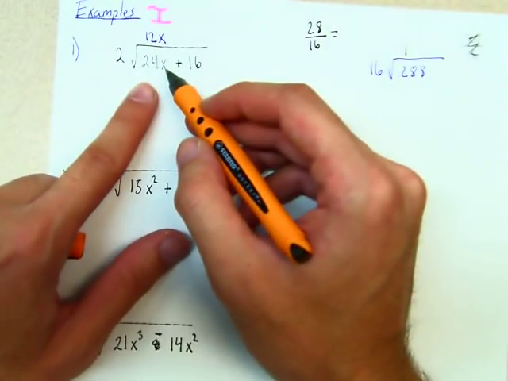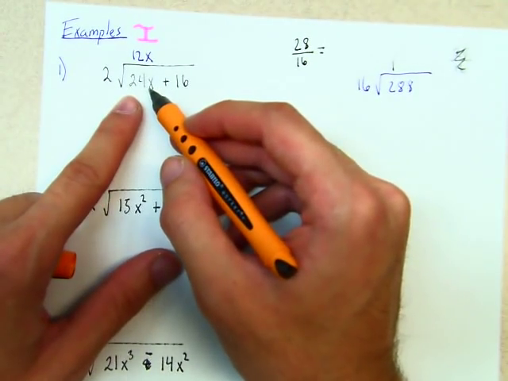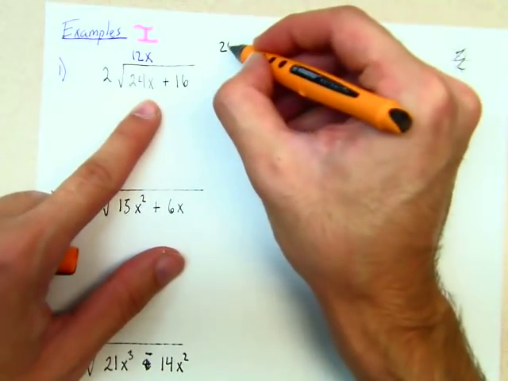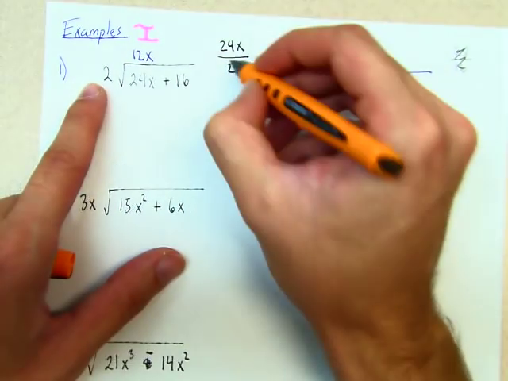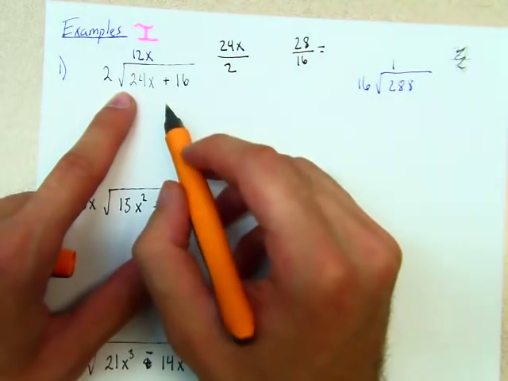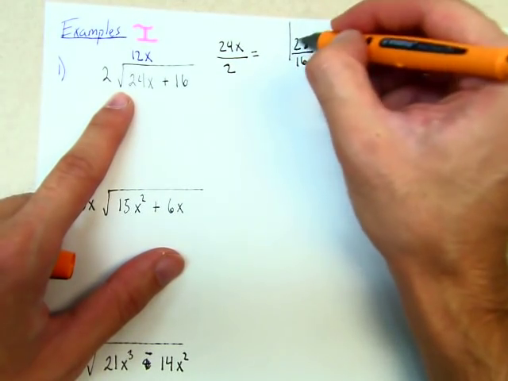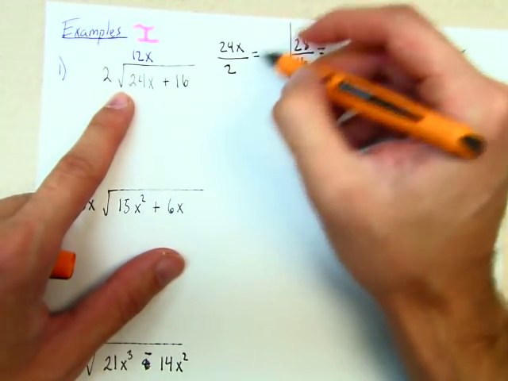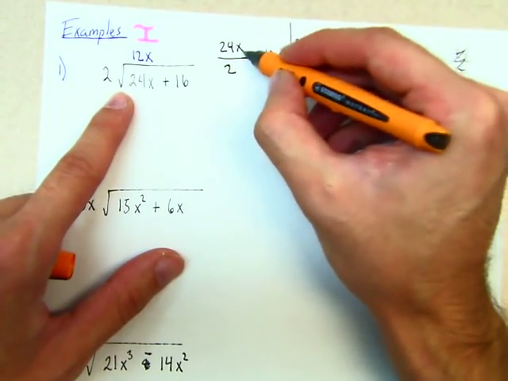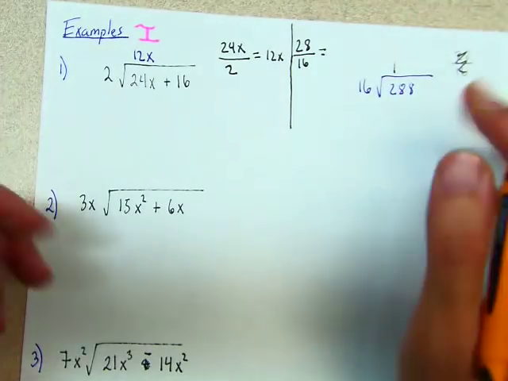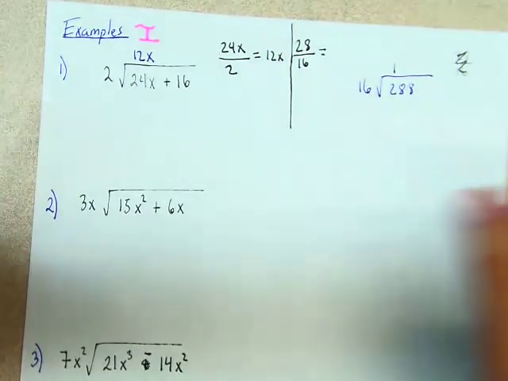Over here, the same concept holds. You're asking yourself, what is 24x divided by 2? Divided by 2. And that is equal to 12x. 24 divided by 2 is 12, and the x just stays where it is. And yeah, okay.